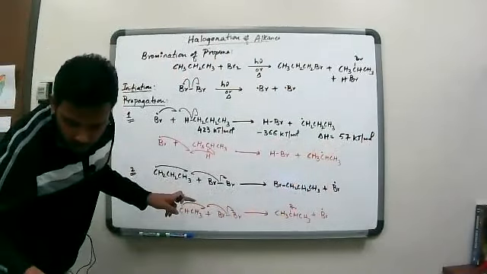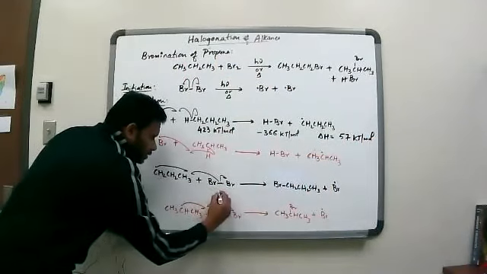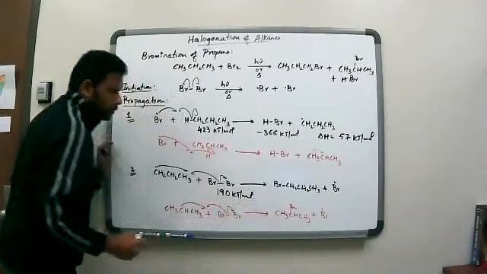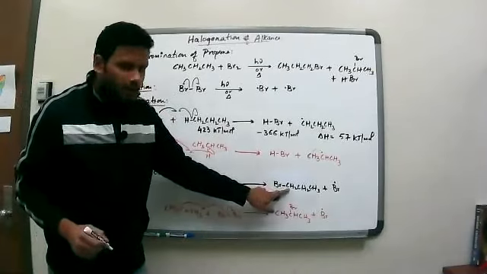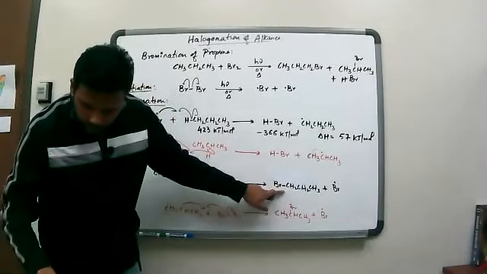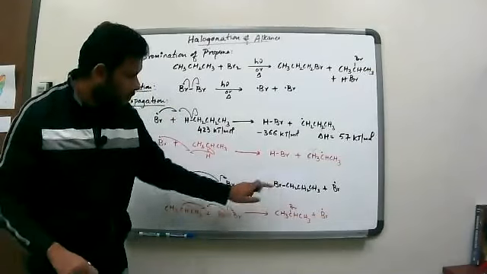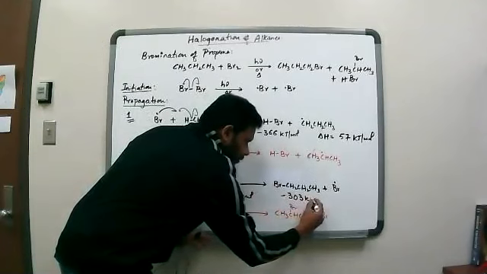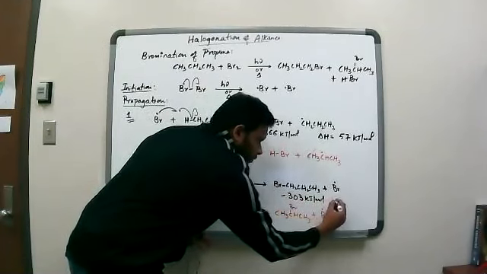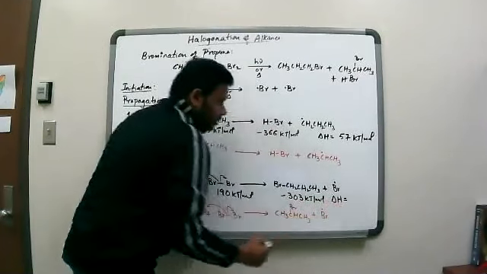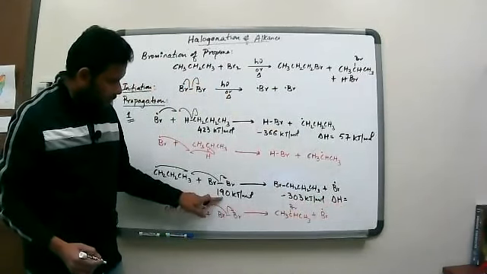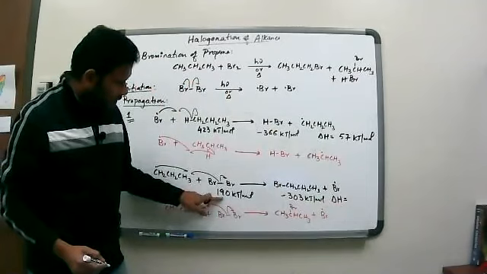For breaking a Br bond, the energy required is 190 kilojoules per mole. And for a primary carbon bromine bond, the energy is negative 303 kilojoules per mole, which gives us a delta H of, oh, that's huge.